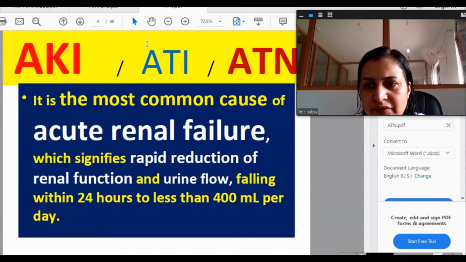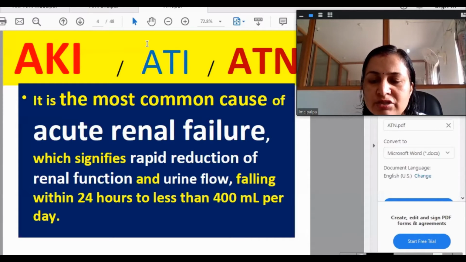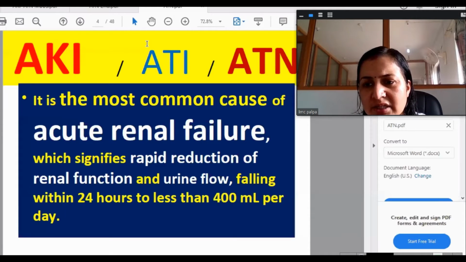If you do the blood investigation, the blood urea is increased, serum creatinine is increased, the sodium and potassium are altered, and at the same time symptomatically there is a decrease in urinary output. The urine flow is decreased within 24 hours or less. It may be 5 hours, 6 hours, 10 hours, 20 hours, 24 hours, but in less than 24 hours the urine output goes to less than 400 ml per day.